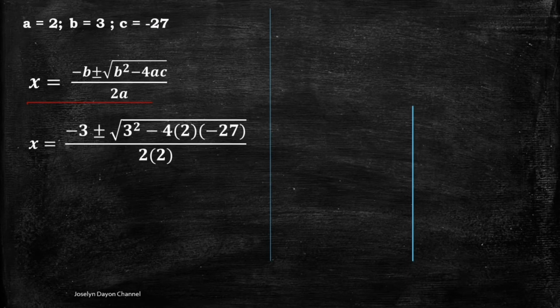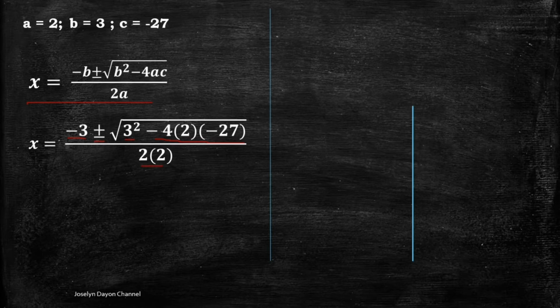So we have now x equals negative 3 plus or minus square root of 3 squared minus 4 times 2 times negative 27 all over 2 times 2.